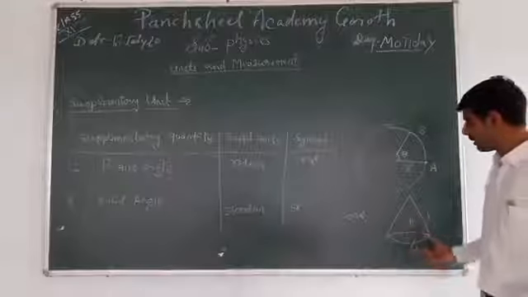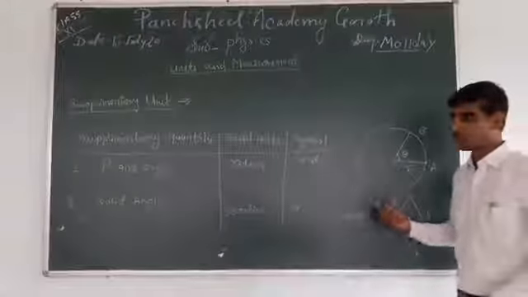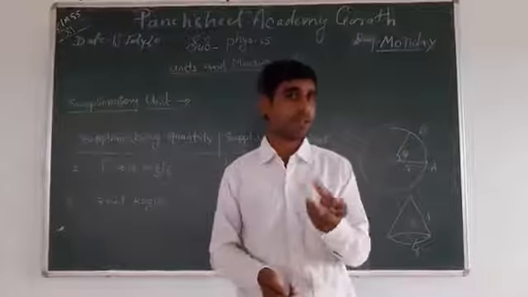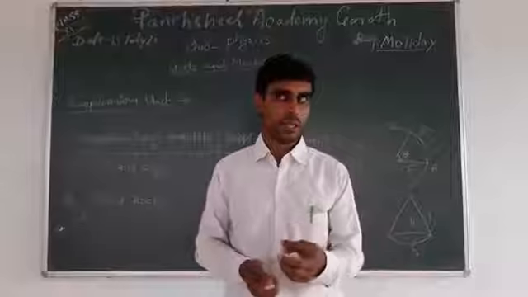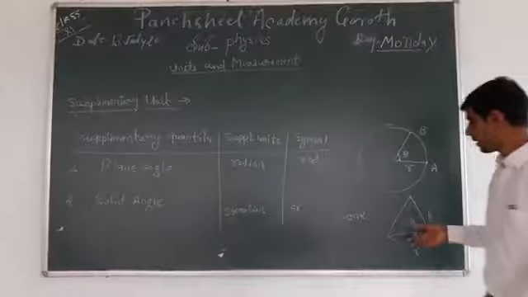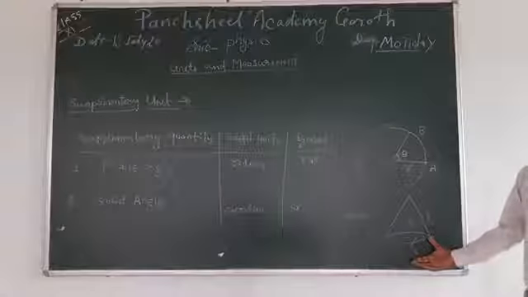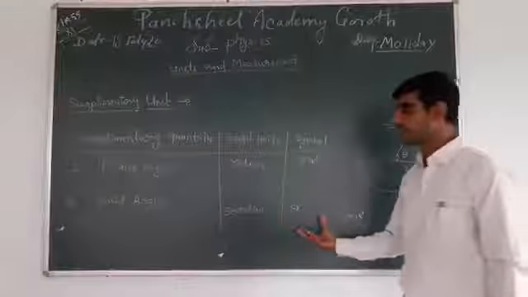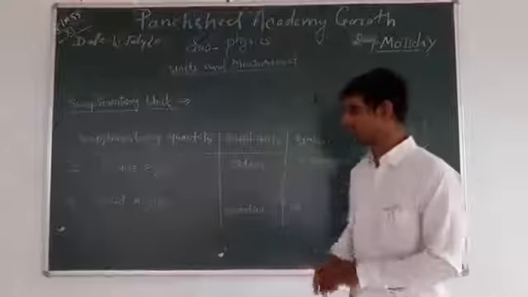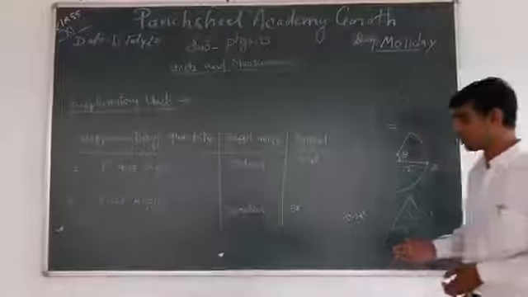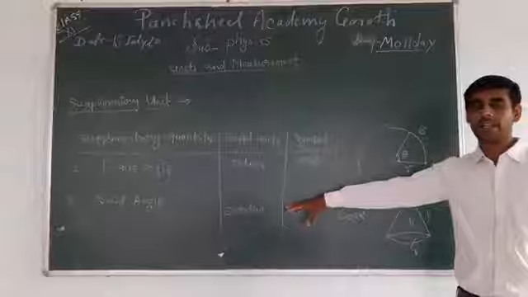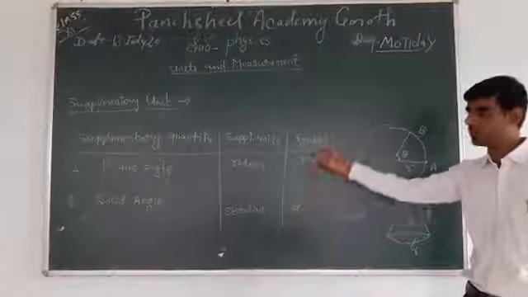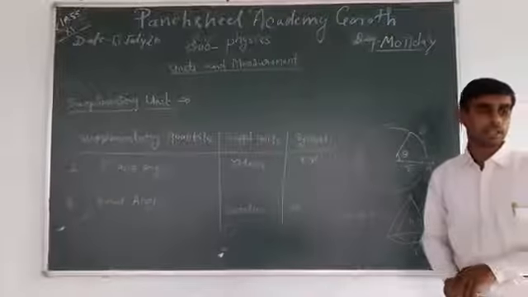So this is the cone. How to measure the angle in a solid? If we measure the angle in any solid, it means there are three dimensions, x-axis, y-axis and z-axis. So we use steradian, and the symbol is sr. So this is all about the supplementary units.